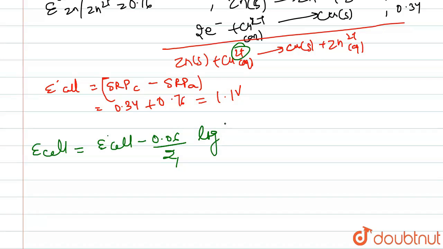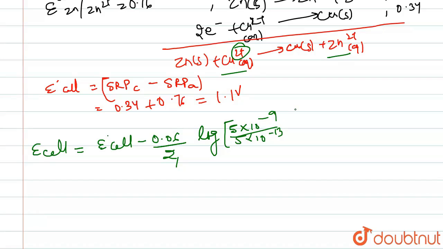Our Q has Zn2+ on the product side and Cu2+ on the reactant side. Let us write the concentrations we found previously: the concentration for Zn2+ is 5 into 10 to the power minus 9, and for Cu2+ it is 5 into 10 to the power minus 13.